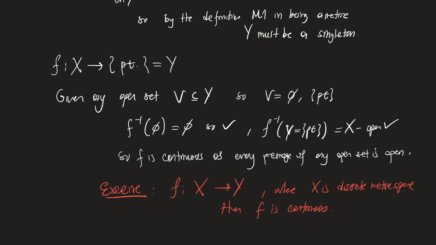Okay. This discrete metric space, you know that the distance is zero if and only if they are the same point, and the metric is always 1 if they are different points. Okay. This is a very good exercise. You should definitely solve this.